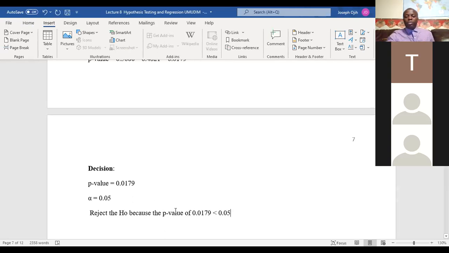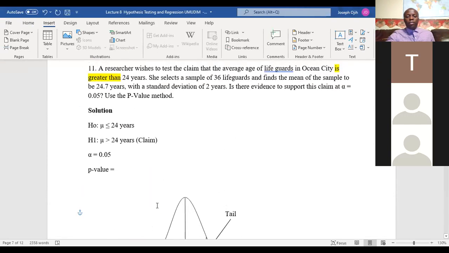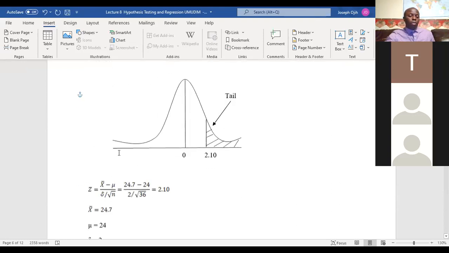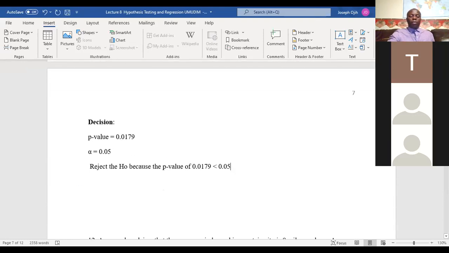So that's why we reject. Which means that we are rejecting the null hypothesis. If we are rejecting, that means the claim is correct. So which leads us to make a conclusion.